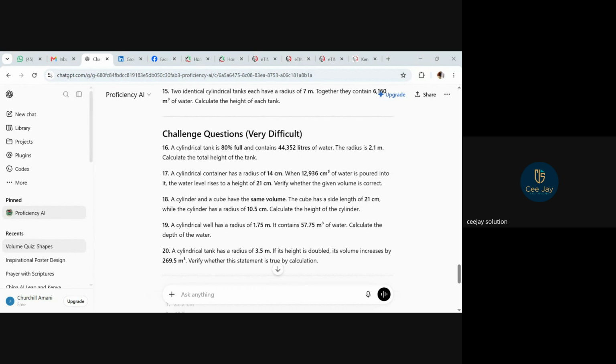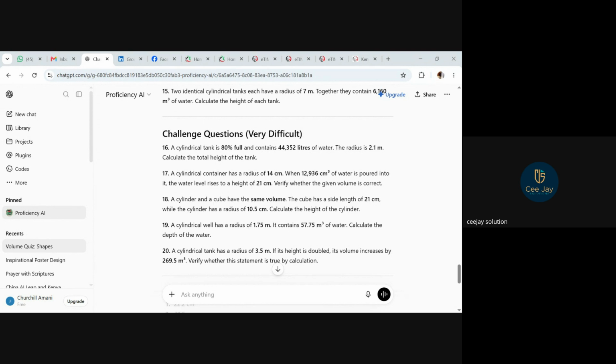I see Joshua got it. They are asking to verify. Let me read the question. A cylindrical container has a radius of 14 centimeter when 12,936 centimeters cubic of water is poured into it.